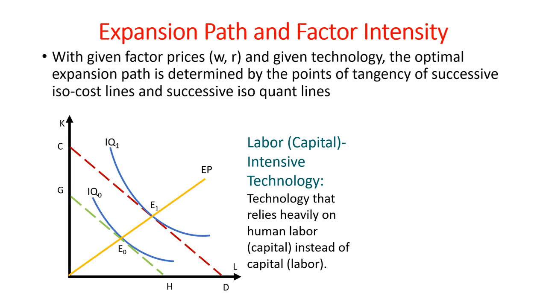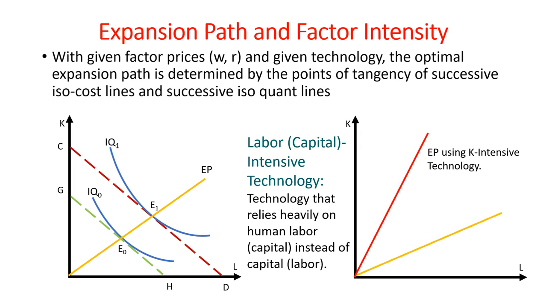This could be because of the lower wage rate in the country or because of the nature of the product that a firm is producing. Similarly, a capital intensive technology is one that relies more on capital than on labor. The expansion paths in both kinds of technologies are shown like this.